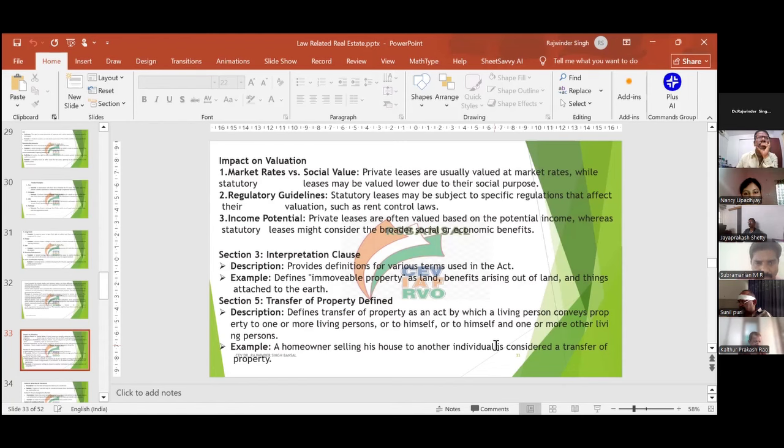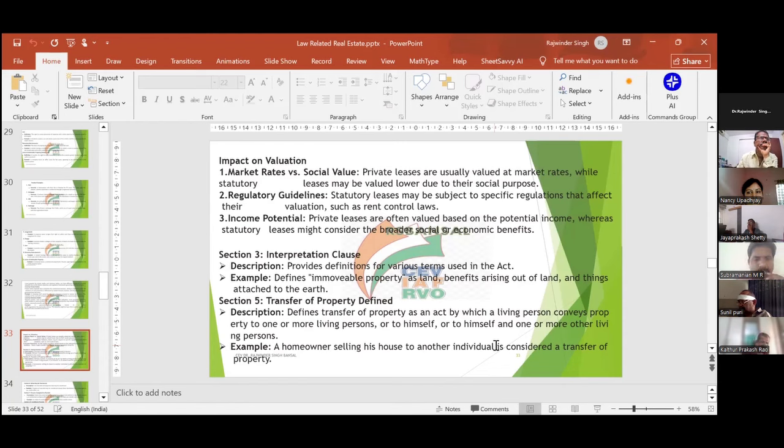Such as immovable property, it defines what is immovable property. It defines immovable property as land, benefits arising out of the land, and things which are attached to the earth.